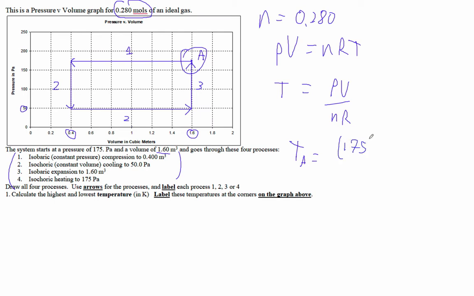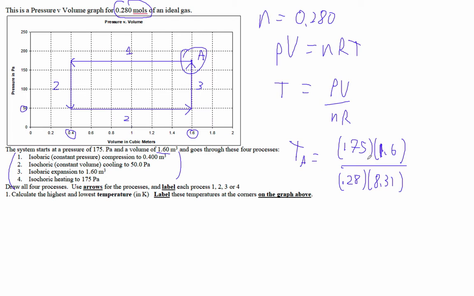This is truly an ideal gas because that's not very much pressure. Times 1.6 cubic meters, that's our volume, divided by 0.28 times 8.31, which is our R.